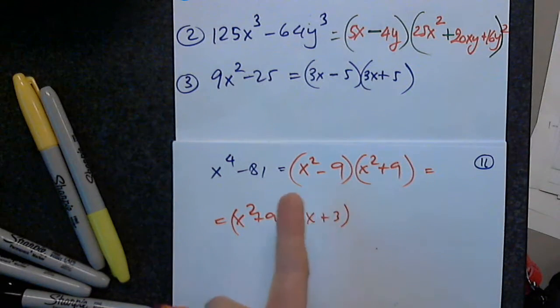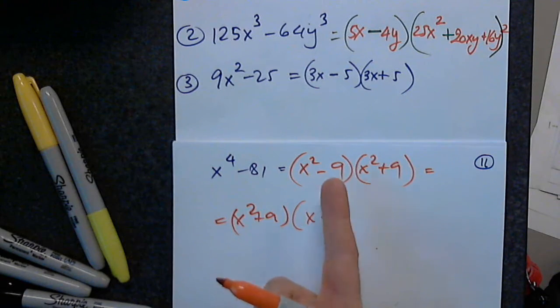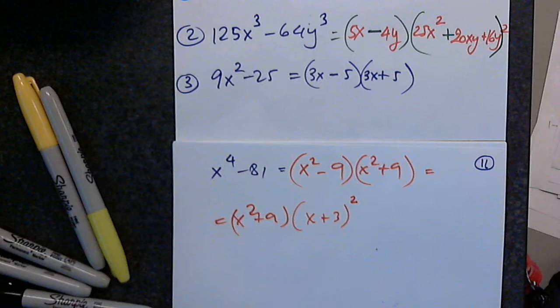I'm using the same formula that you used from here for this. If you say x plus 3 squared, then we are in big trouble, because x plus 3 squared from chapter 3, we know it has 3 terms: the first term squared plus 2 times the first times the second plus the second term squared. So this cannot be true.